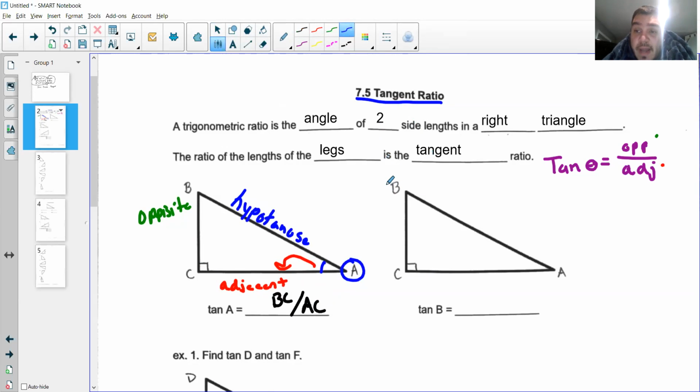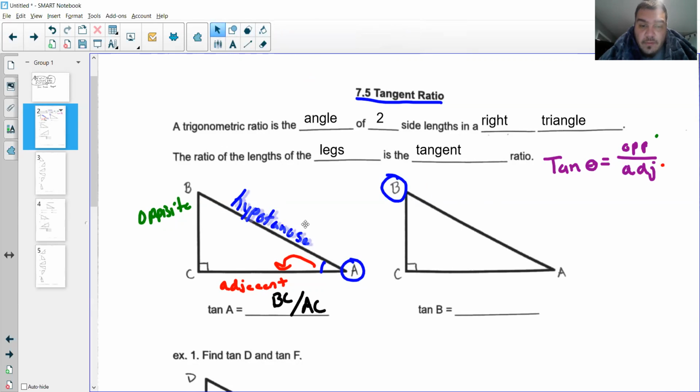All right. Now, which one is adjacent and which one is opposite is based off what angle we're talking about. So in this case, this is still my hypotenuse, AB.